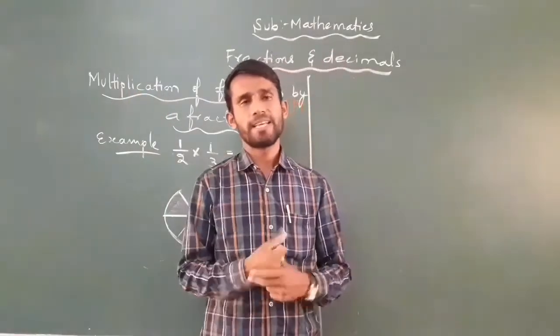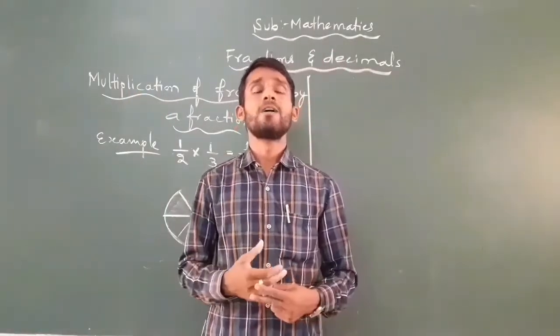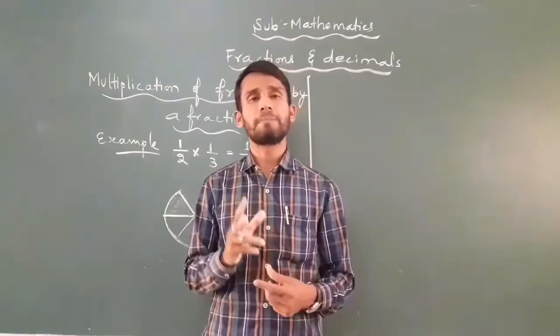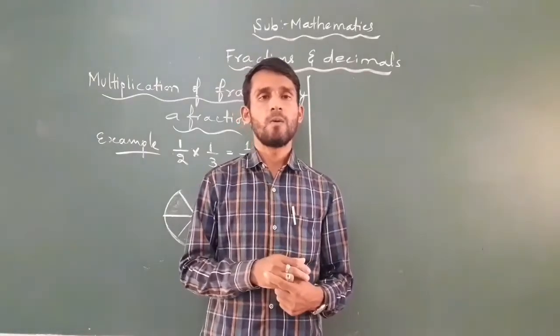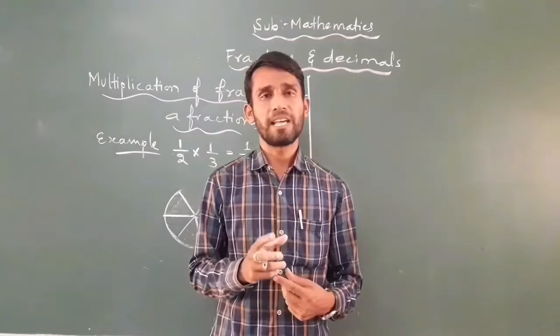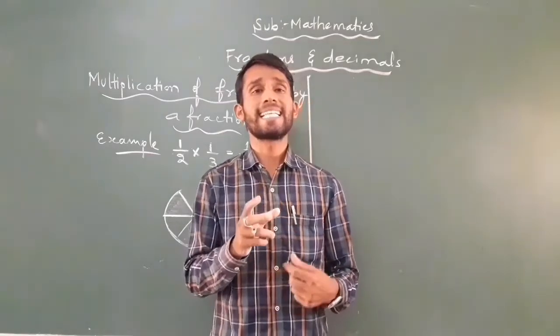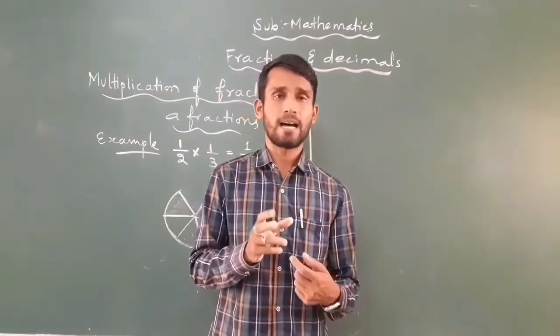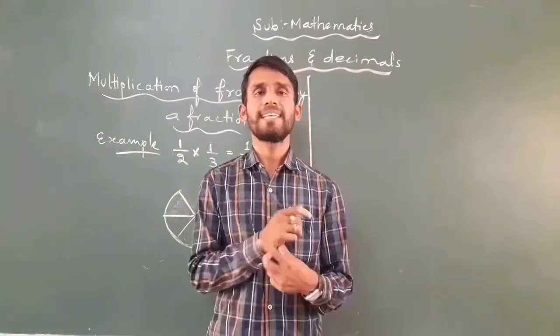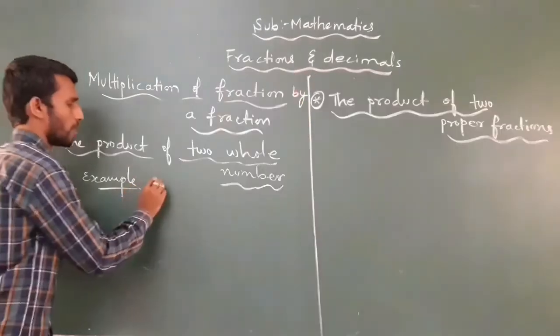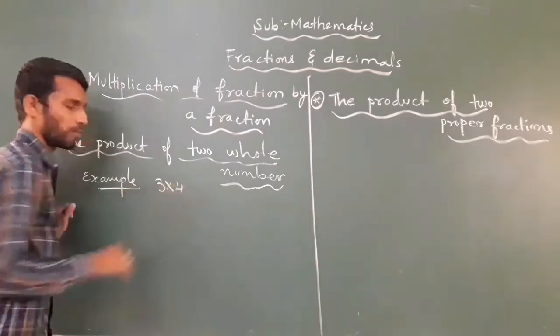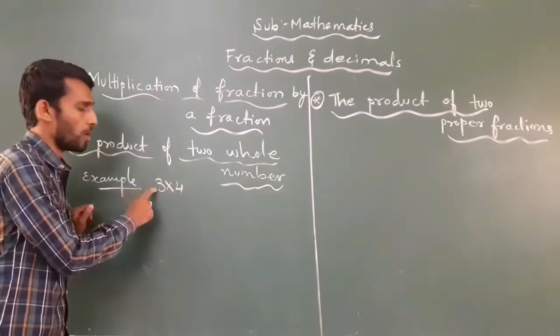Next, students, if we take 2 whole numbers and multiply them, we have to check whether the product of 2 whole numbers is greater than each whole number or not. See, I am taking example 3 into 4. I took 2 whole numbers.